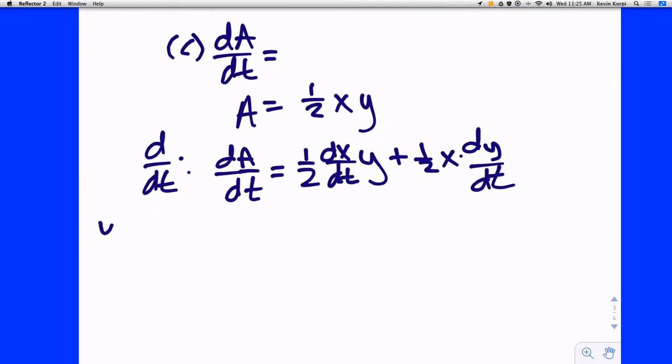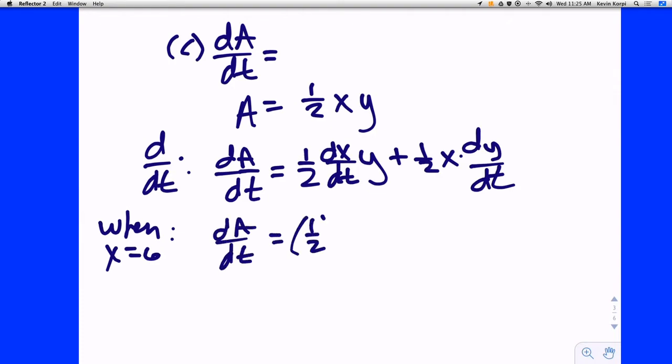So we'll plug in. When x equals 6, at that same moment in time, dA/dt is going to equal 1/2. Dx/dt, if I remember, was 2. We notice we need y at the moment. We already calculated that in our mathematical laboratory. That was 8. We did a little forensic work there and discovered that. We have a 1/2 here again.